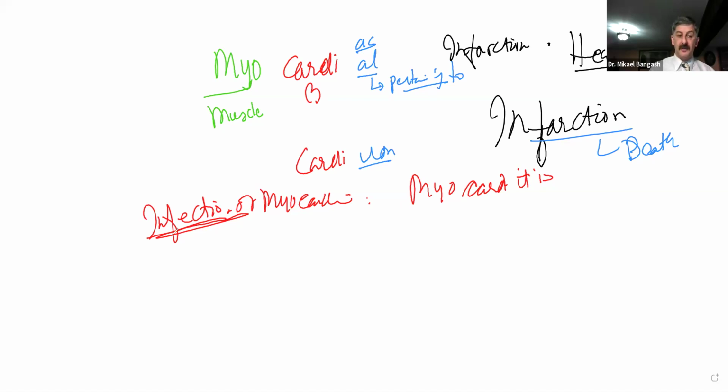Whereas if you said infection, then an infection of that very same myocardium is going to be called myocarditis. Myo is the muscle, cardi is the heart, and itis, which is our suffix, in this case means an infection.